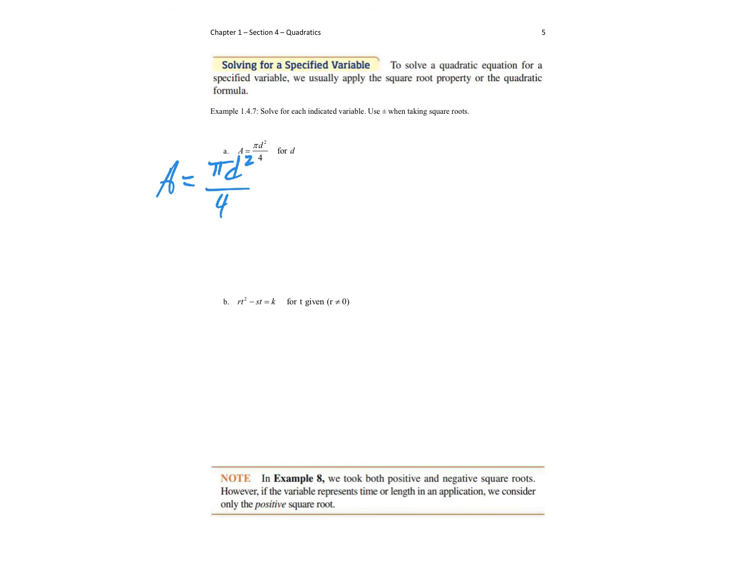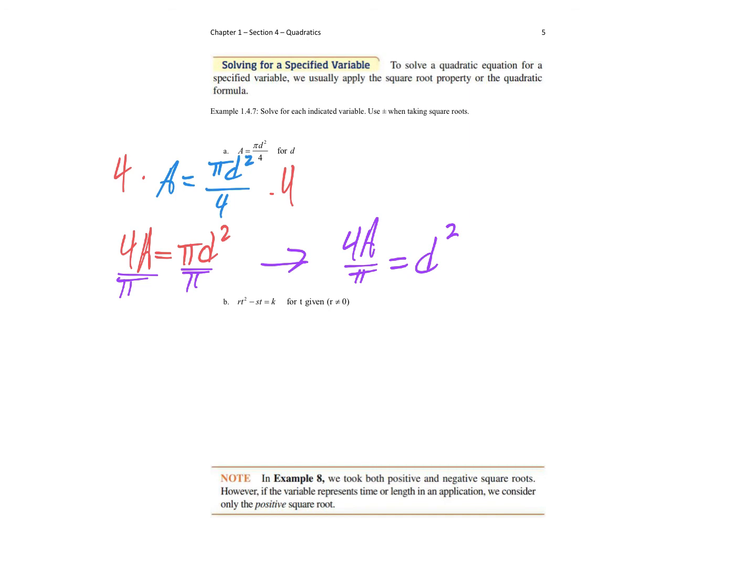Let's lead by multiplying 4 to each side. So 4A is equal to pi diameter squared. Divide each side by pi. And we've got this now: 4A over pi is equal to the diameter squared.